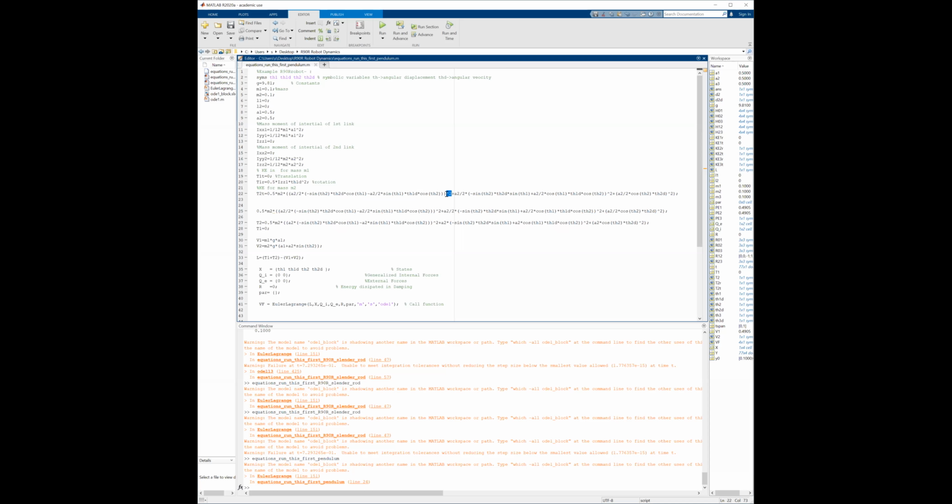You can see the square term here. This is Vx2 square. This is Vy2 square.